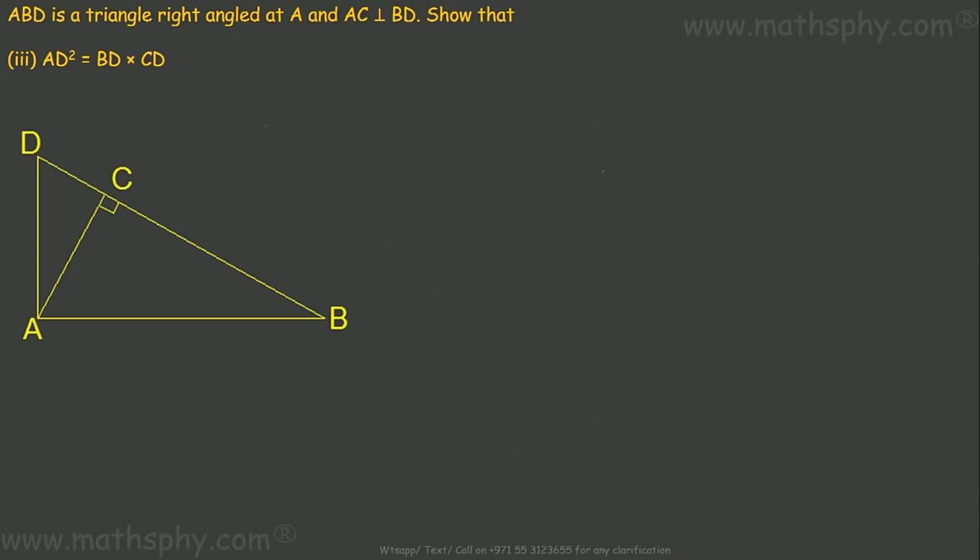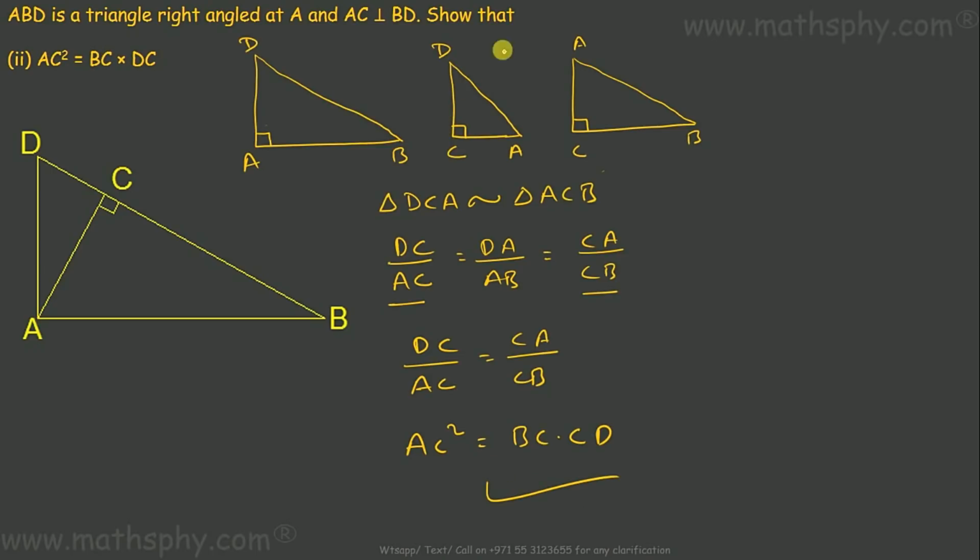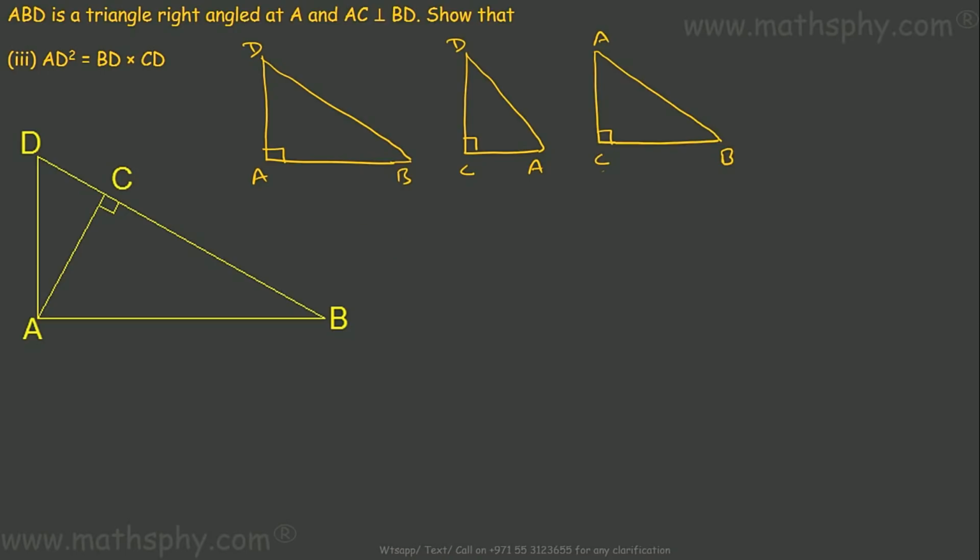Third one, let's draw the same triangles like this. Again, I have AD square. AD is here and AD is here, so I'll take triangle DAB is similar to triangle DCA, means DA over DC would be equal to DB over DA will be equal to AB over CA.